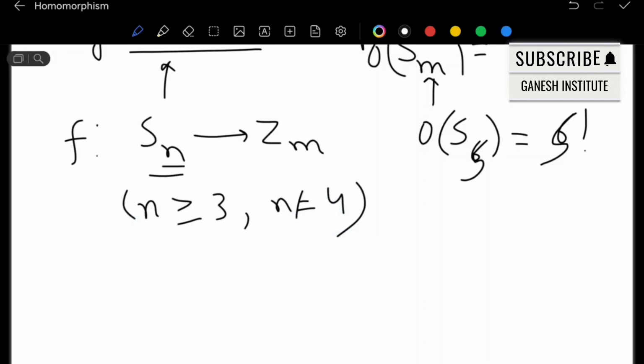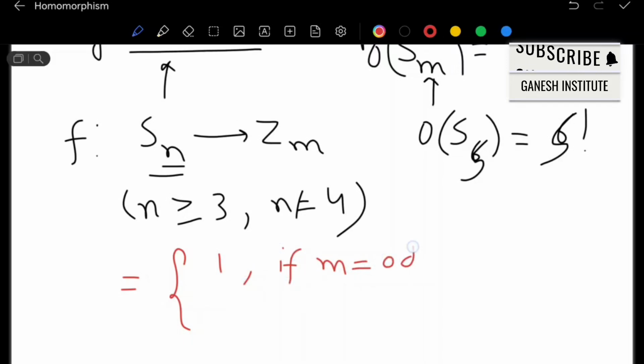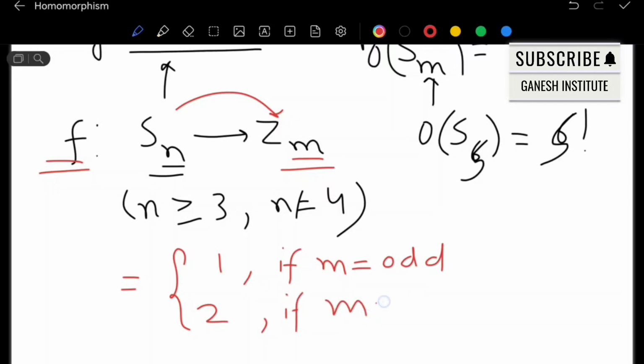Then there are two conditions. The number of homomorphisms is 1 if M is odd, and the number of group homomorphisms is 2 if M is even.